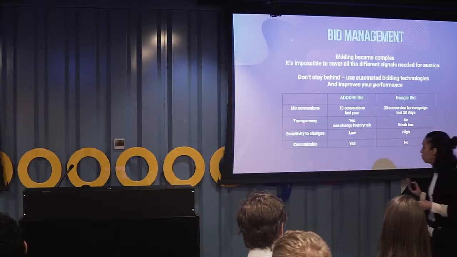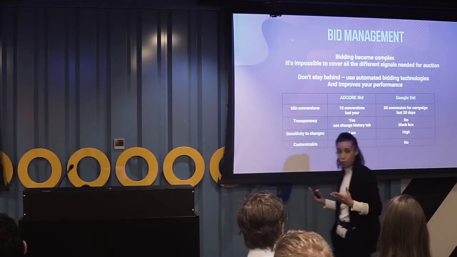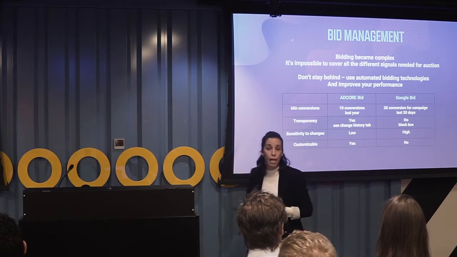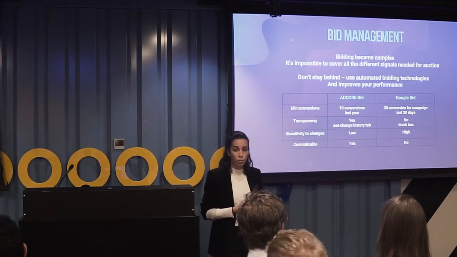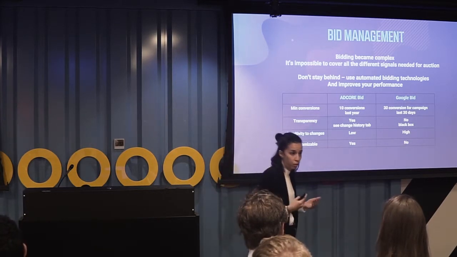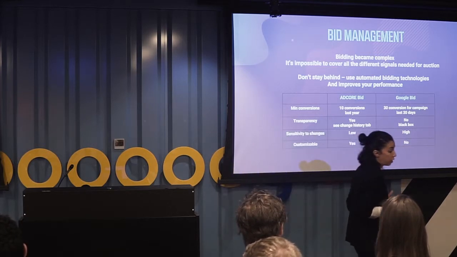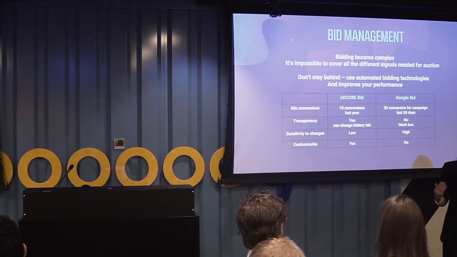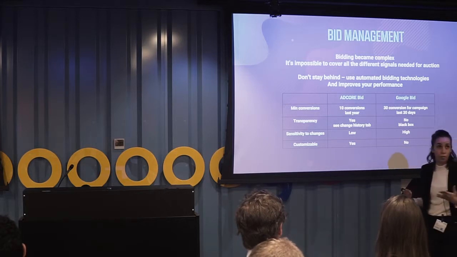As we know, you need today at least 30 conversions for every campaign in the last 30 days in order to even start with Google's bid management and goals. So on the ADCORE side, you are able to start with only 10 conversions in the last year, which is great because you will be able to start utilizing the technology solution even if you're not reaching the threshold.